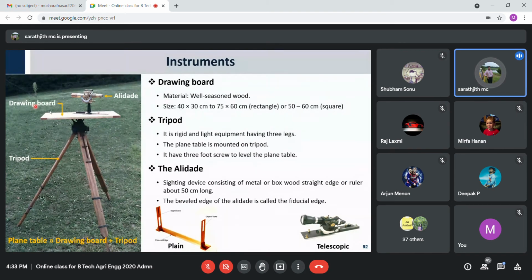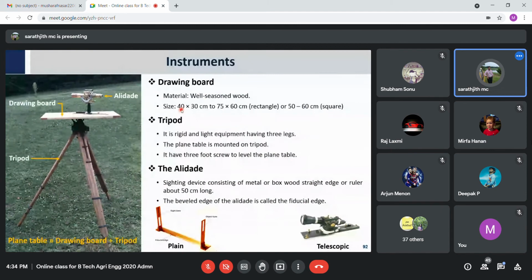So I have told you plane table, right? The drawing board plus the tripod, this setup is known as the plane table. Previously I told you the drawing board itself is called the plane table, and I am sorry for that. Actually, the drawing board plus the tripod, that setup is called the plane table. Generally the drawing board may be rectangular in shape. It can vary.